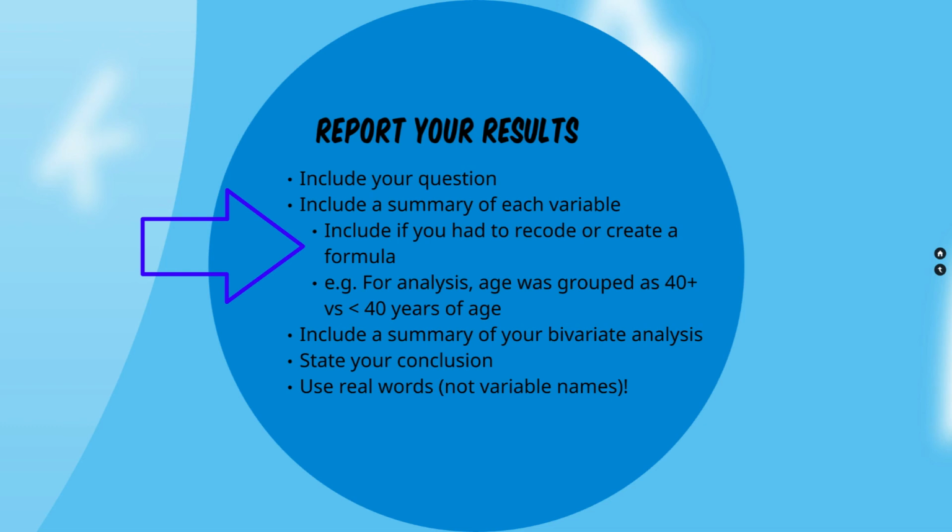So include if you need to recode or create a formula. For example, while you may report the mean age overall, you would also want to say that for analysis, age was grouped as 40 plus versus less than 40 years of age. Include a summary of your bivariate analysis, including any of your applicable statistical summary results, and state your conclusion.